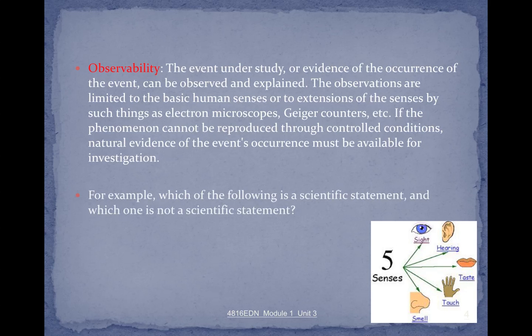So let's have a look at another 2 statements. Which one's scientific and which one's not? Some plants eat insects. Extraterrestrial beings have visited Earth. Now, we can observe that plants eat insects. Could we possibly repeat that observation and see it consistently over time, so we can relate to the first characteristic?